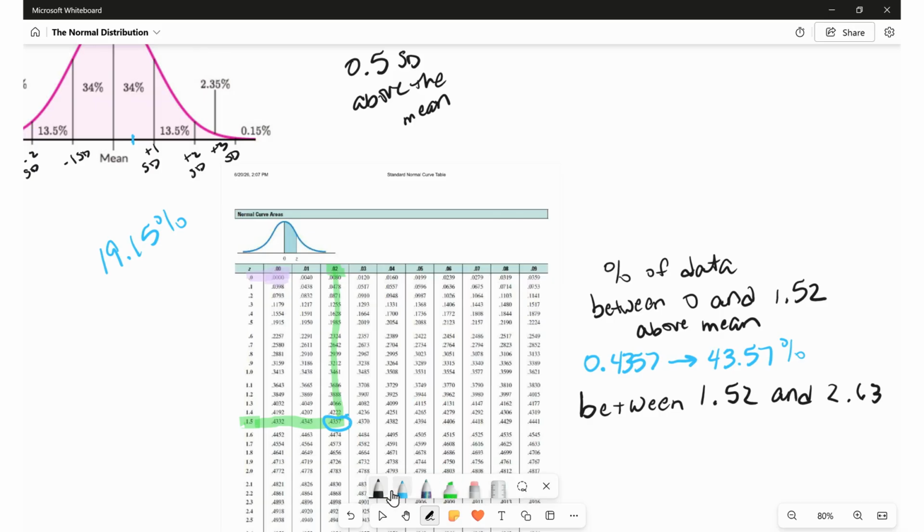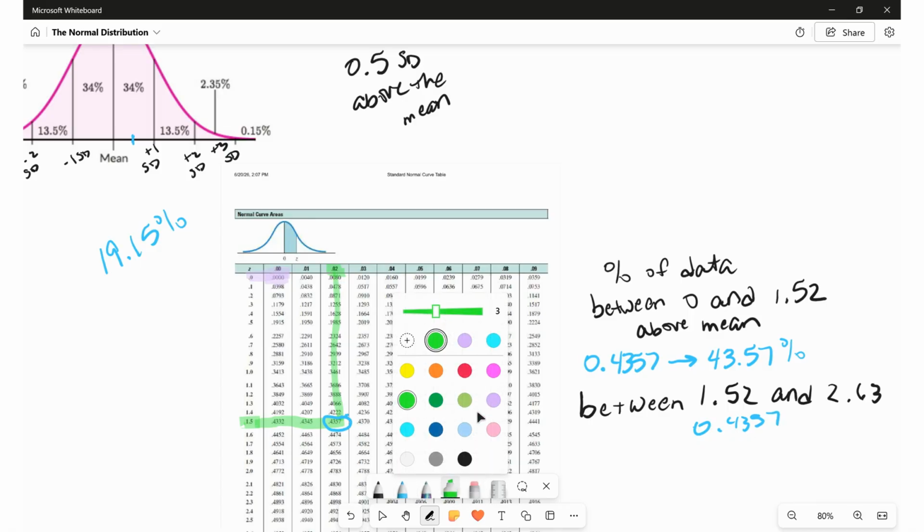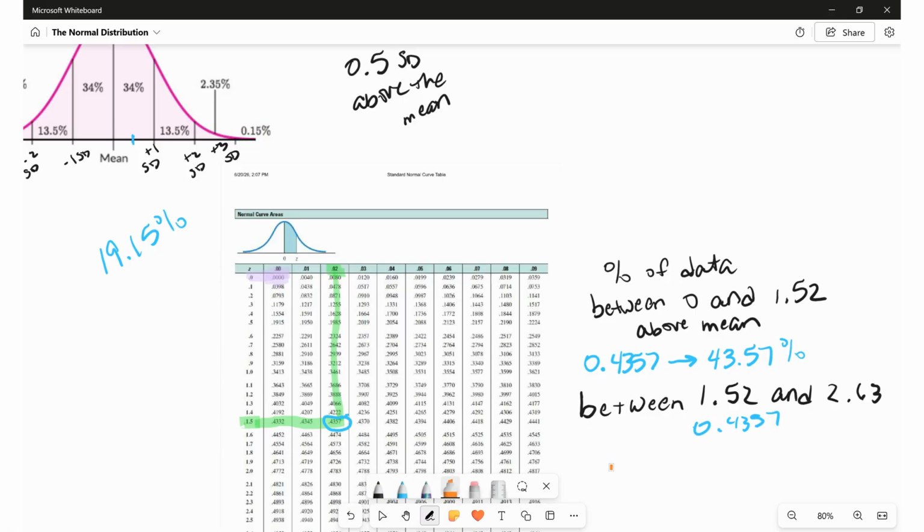Well, we already know that 1.52 is the 0.4357. Oops, did not write that correctly. 0.4357. Okay. So now let's see if we can find 2.63.